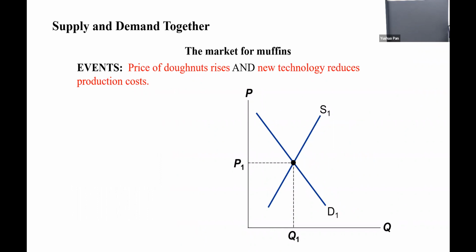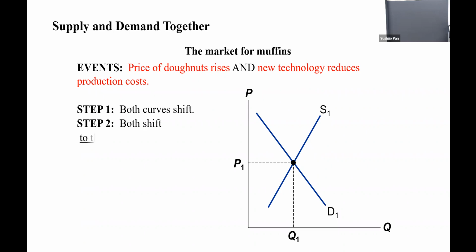What about this one? So we already figured it out, right? The first one is going to move the demand curve, and the second one is going to move the supply curve. What would the new equilibrium be? What will the price and the quantity be?